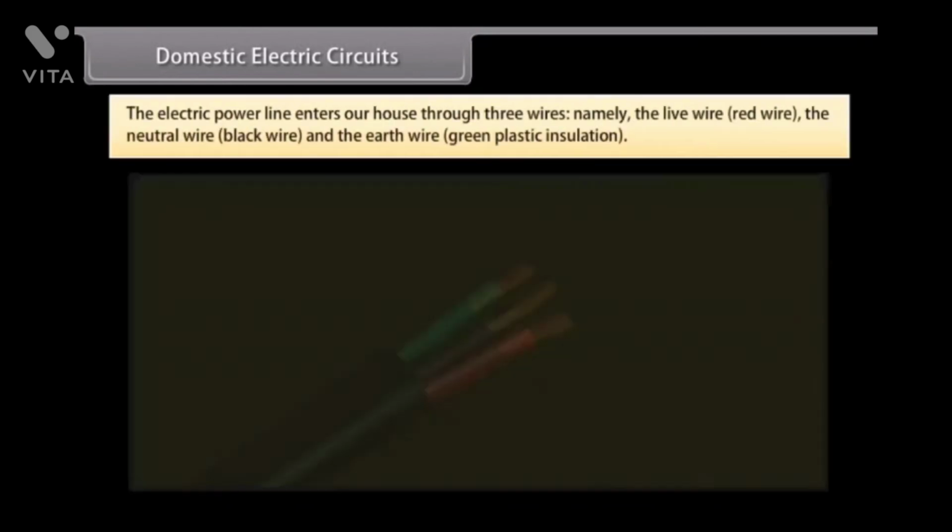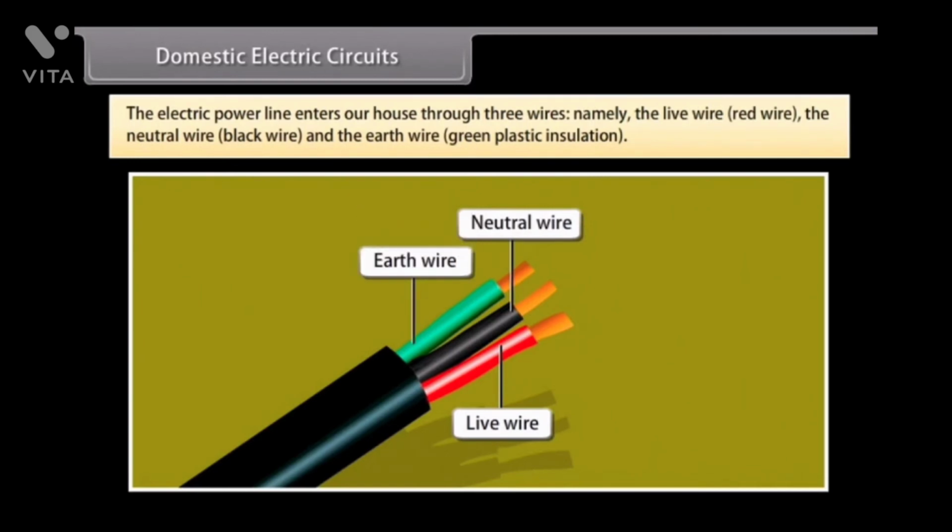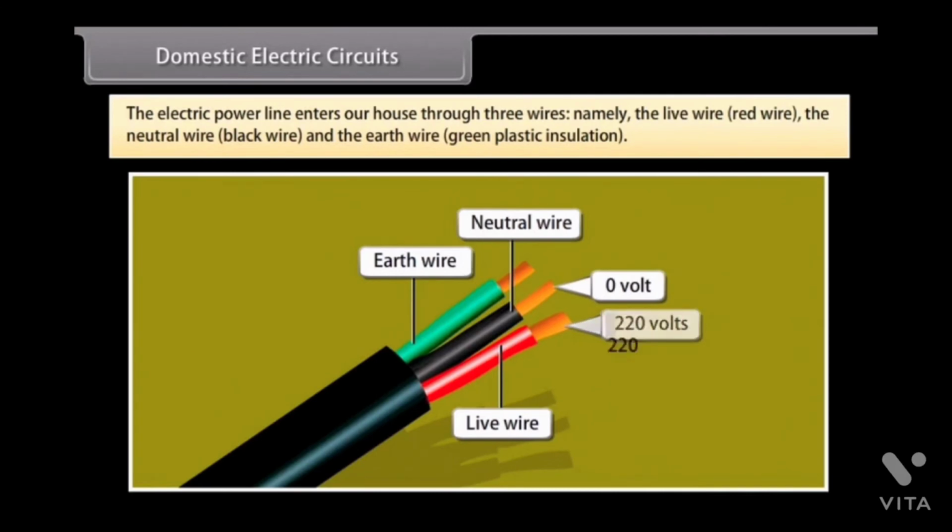The electric power line enters our house through 3 wires, namely the live wire, red, the neutral wire, black, and the earth wire, green plastic insulation. The live wire has a high potential of 220 volts and the neutral wire has zero potential. Thus, the potential difference between the live wire and the neutral wire is 220 minus 0, which equals 220 volts.